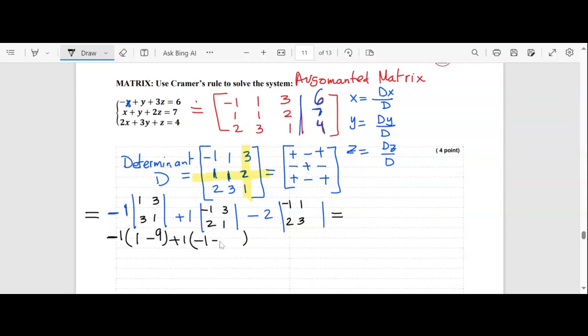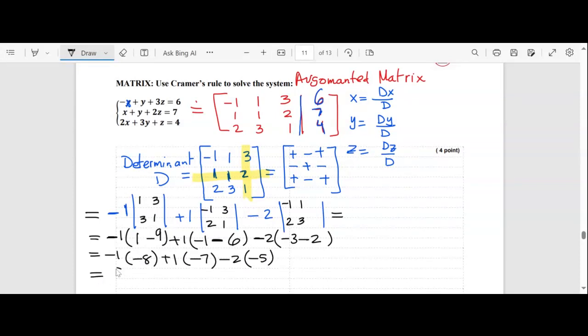This is going to be minus 1, minus 2 times 3, 6, minus 2. Then negative 1 times 3, negative 3, minus 2. So that gives you minus 1, 1 minus 9 is minus 8. Plus 1. This minus 7, minus 7, minus 2. That gives you minus 5.